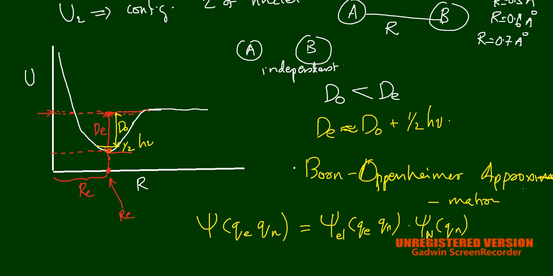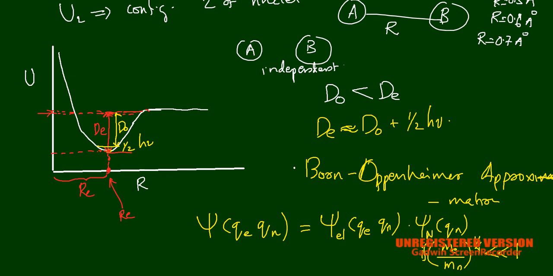So in the Born-Oppenheimer approximation, they did a mathematical treatment to show that the true molecular wave function is adequately approximated like this. They also proved that this is true if the mass of the electron divided by the mass of the nucleus, raised to 1 divided by 4, is very much less than 1.